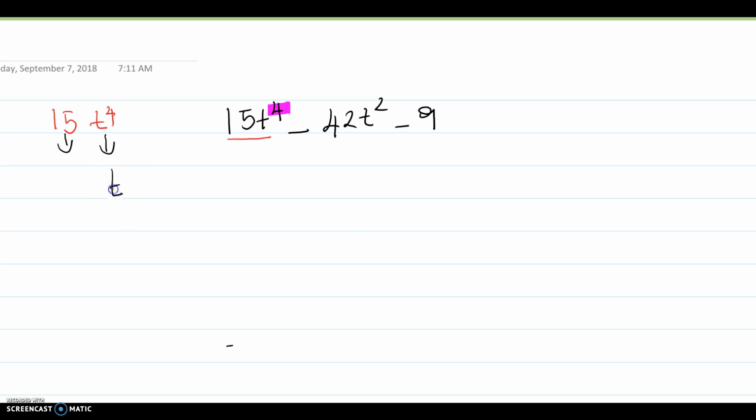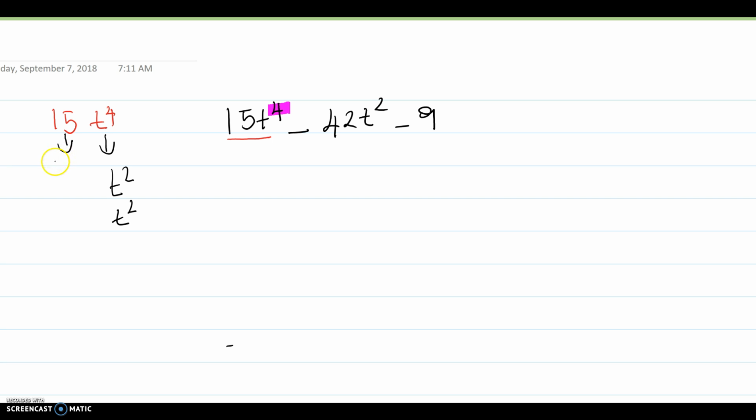So multiples of t to the 4 are t squared and t squared. You can think that, oh, it could be t cubed and t. No, I'm thinking with the even powers because I would like to get two factors. So how can I write t to the 4 as two terms? I prefer the even power terms. That's why t squared and t squared.